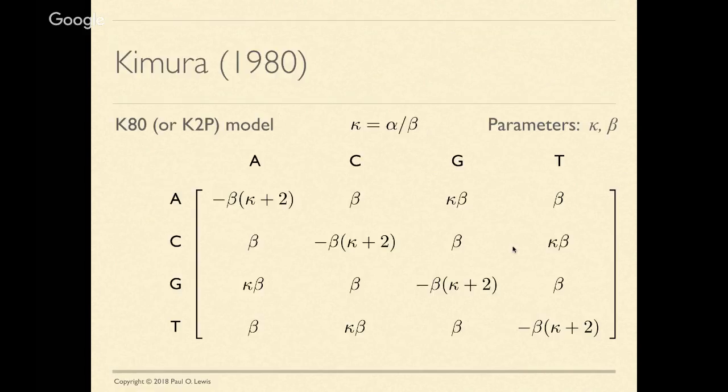In this version of the rate matrix, we have kappa beta in all of the slots designated for transitions, and then just beta for the transversions. And so this model still has two parameters. It's just that the parameters are now kappa and beta, but it behaves exactly the same way as the other parameterization.